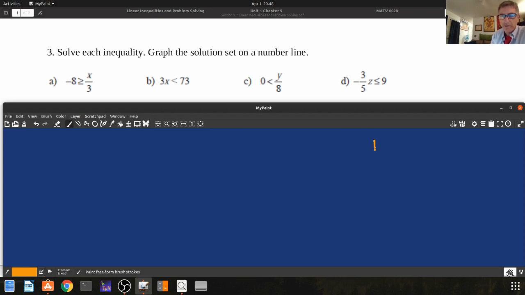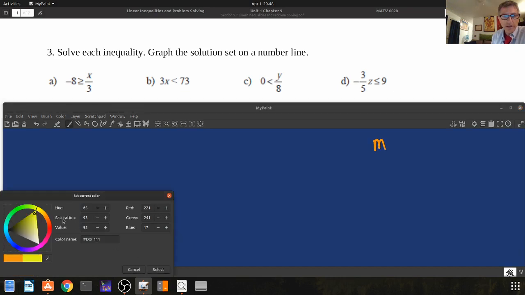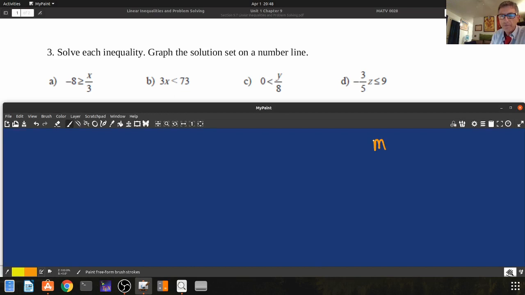So this is the multiplication property of inequality, and I'm not going to write this out formally. I'm just going to tell you what to do.